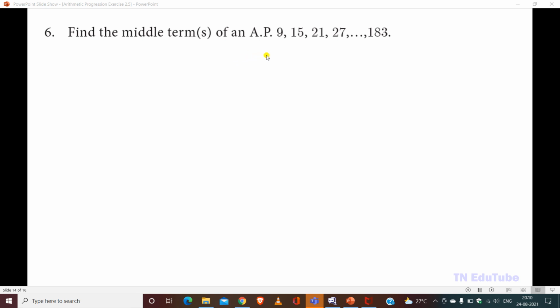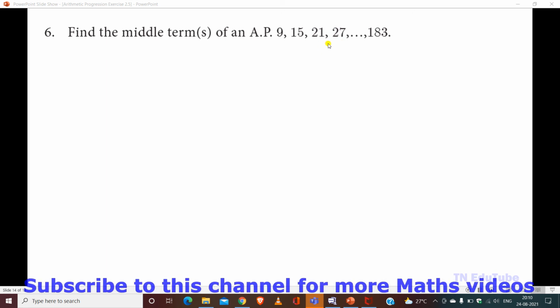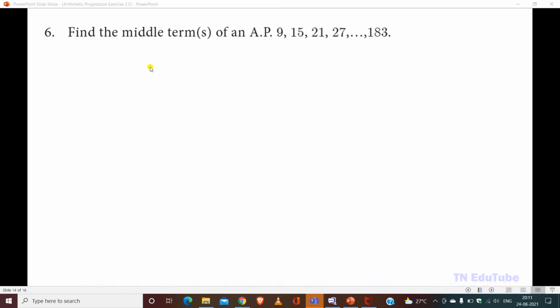If the number of terms is even, then two numbers will be at the middle. If the number of terms is odd, only one single middle value will come.